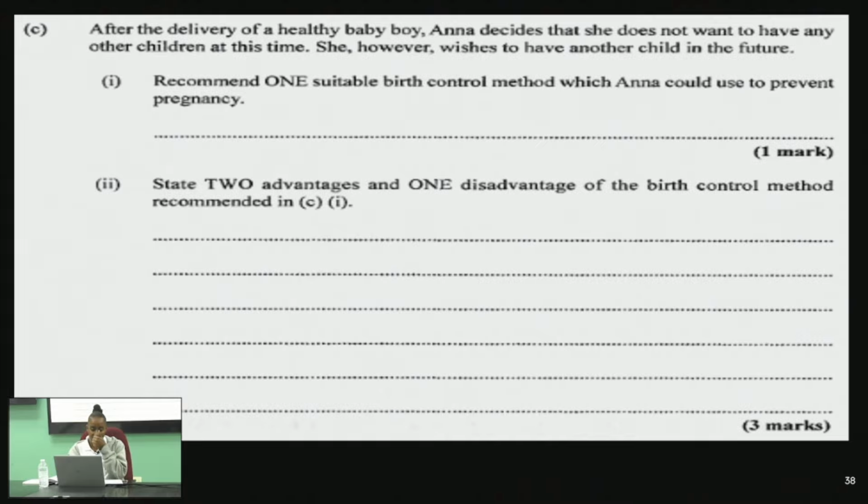State two advantages and one disadvantage of the birth control method recommended above. All right. So for the IUD, you normally go to the doctor for them to insert it, and it stays in place.